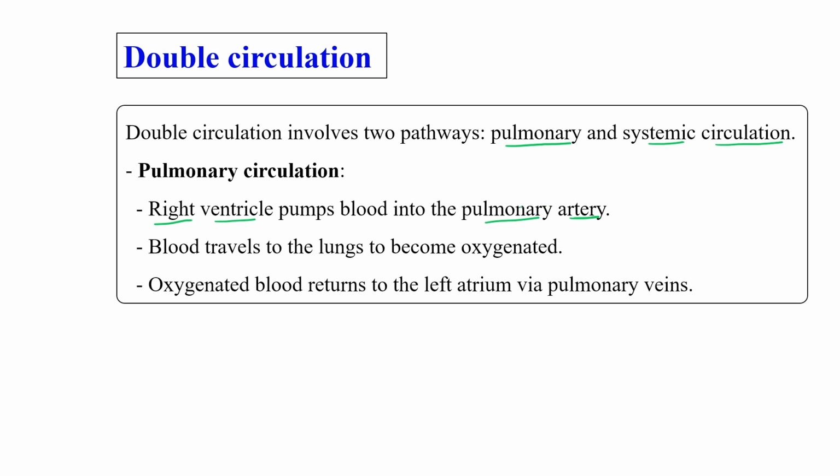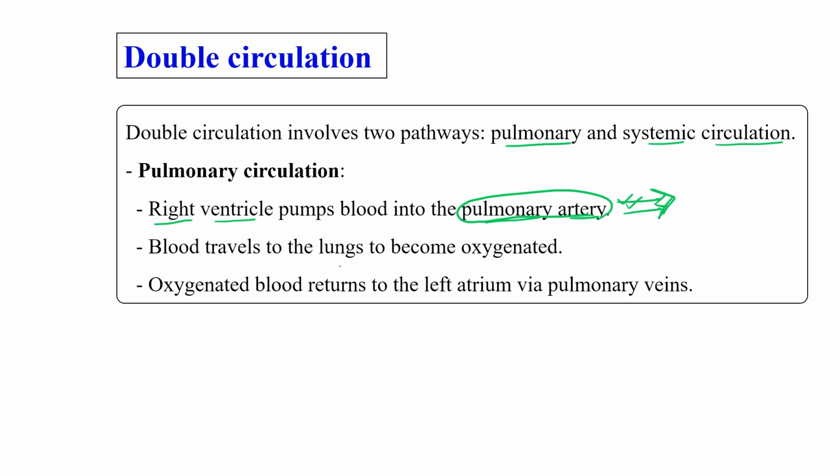The right atrium receives deoxygenated blood, and the same deoxygenated blood is pumped towards the pulmonary artery. Normally, arteries contain oxygenated blood, but this blood is going towards the lungs for oxygenation. That's why we use the term artery, but this contains deoxygenated blood.